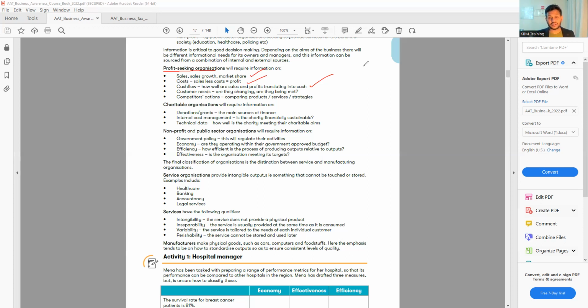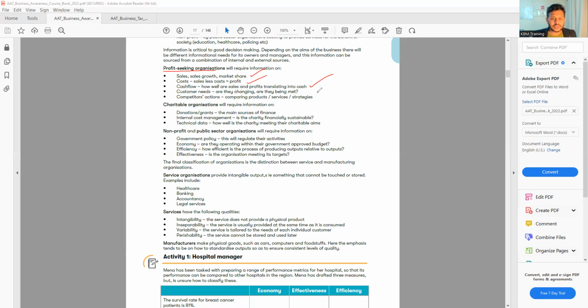For that reason, we need to look at the company financial statement and also the cash flow statement, because the cash flow statement will give us an idea of how much cash we actually have. Because if we don't have enough cash, our working capital will not move and we'll be in trouble with liquidity.